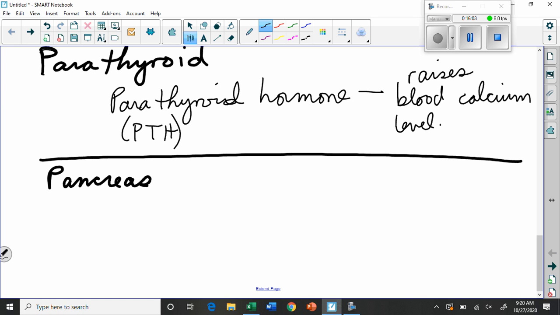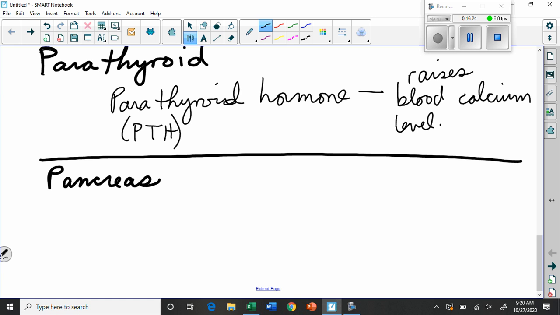Now, the pancreas is often thought of as an organ in the digestive system because it does produce a bicarbonate solution that's secreted into the duodenum, right at the beginning of the small intestine, so that it can neutralize stomach acid. You might remember that from grade 11.